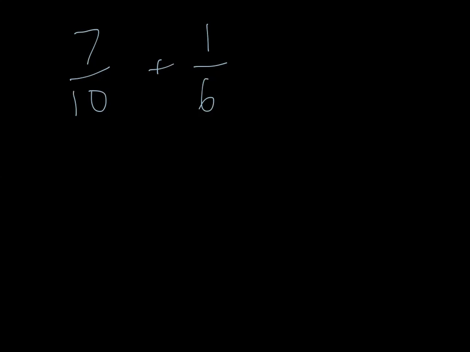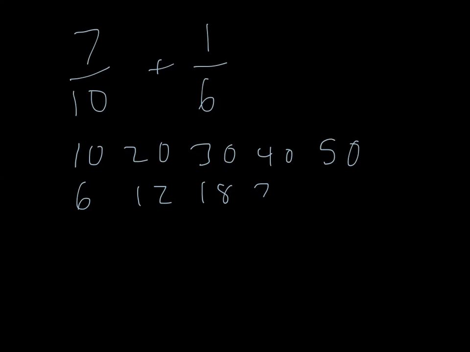Gentlemen at the back. So some people will get that right away. If you don't, you can use one of two ways. You can use the multiples way, where you go 10, 20, 30, 40, 50, 6, 12, 18, 24, 30, and you see a match.